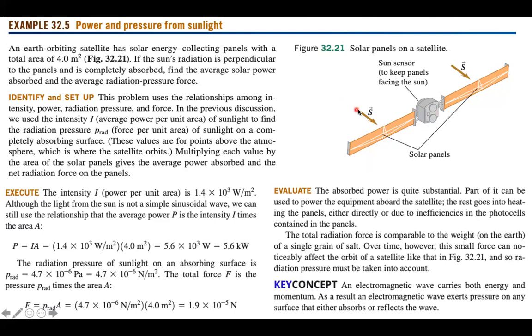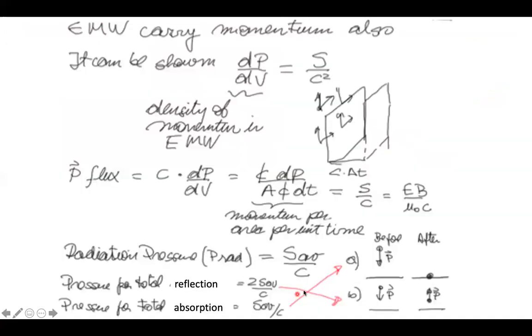But as these electromagnetic waves, the light from the sun, collide with the panels, they would also produce a pressure, because everything is absorbed, okay? So if we go back here, we are in this first case, we have a flux of momentum, and then we have nothing, okay? Because all the energy is absorbed, okay?